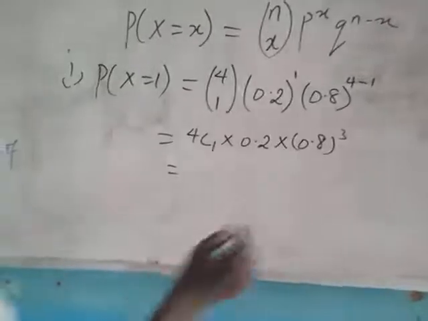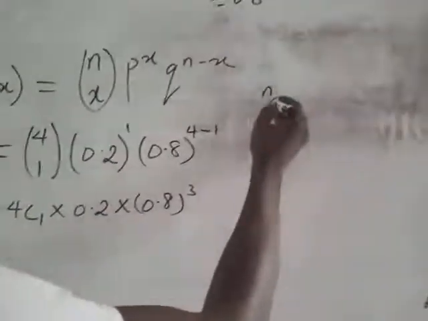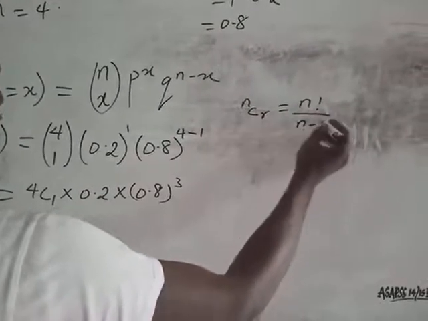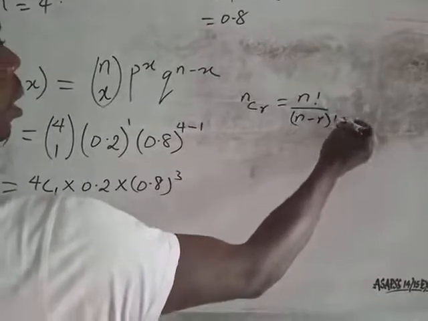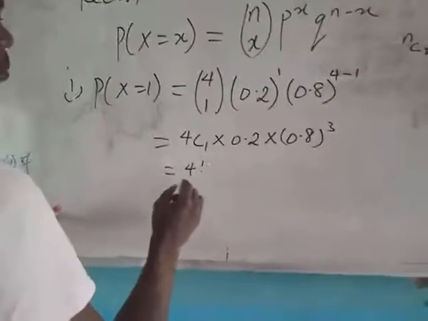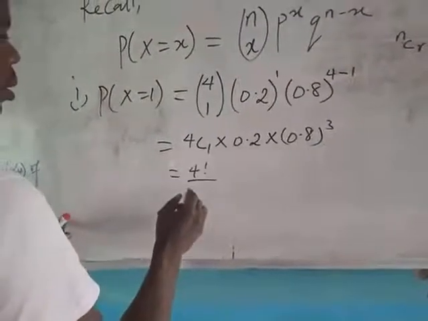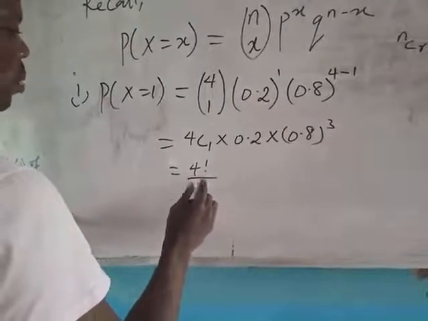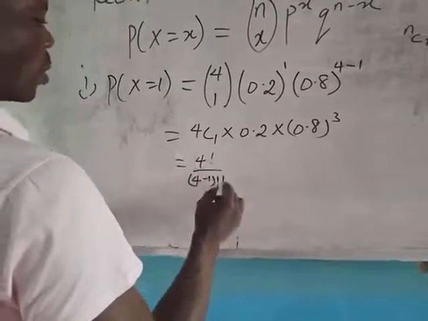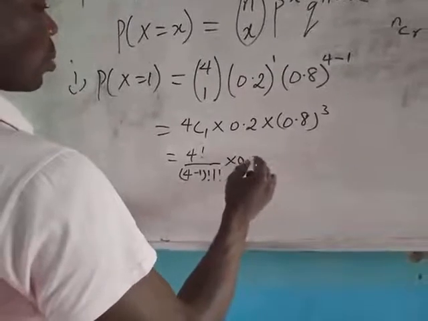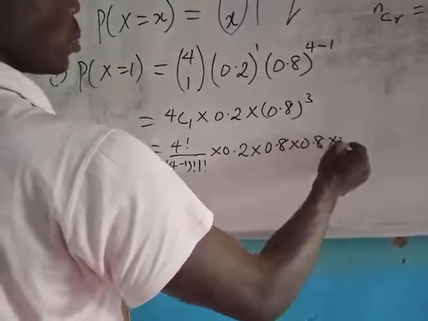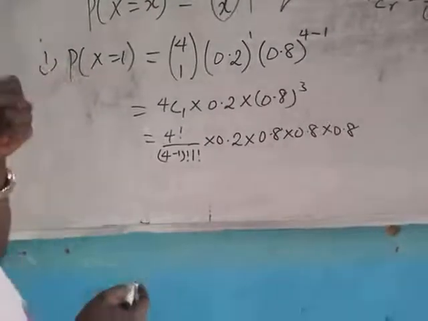Now, I know that n combination r is given as n factorial all over n minus r factorial times r factorial. So we are going to use it here. This will be 4 factorial over 4 minus 1 factorial, then 1 factorial. So 1 factorial is 1, times 0.2 times 0.8 times 0.8 times 0.8, in 3 places.